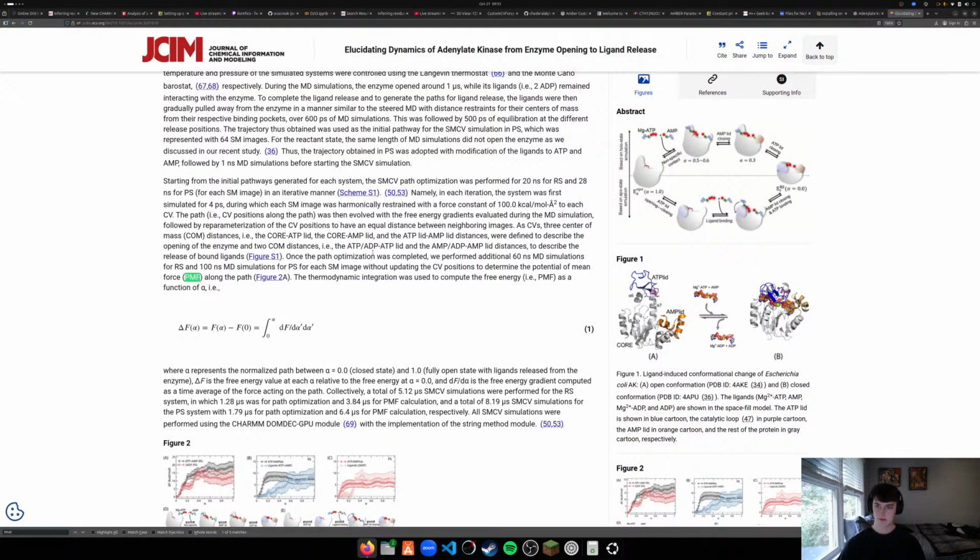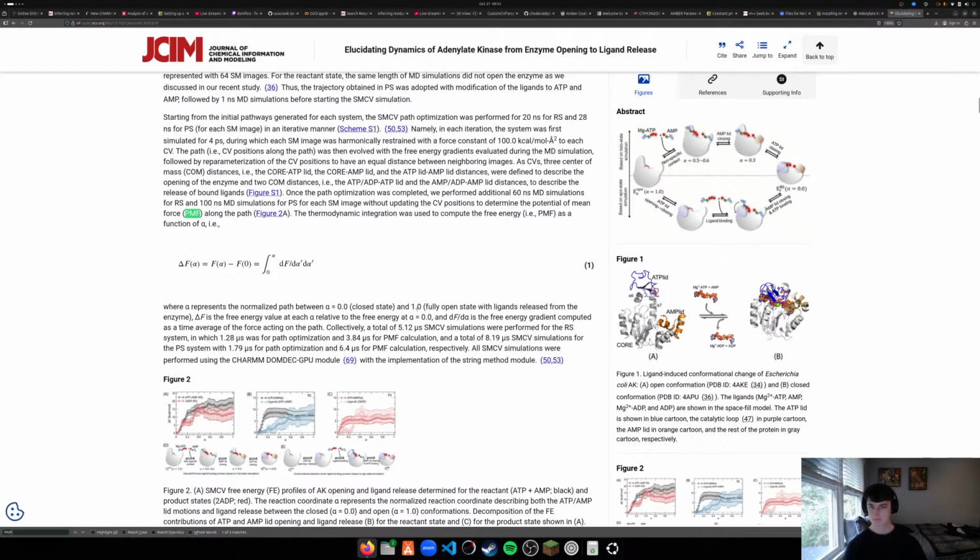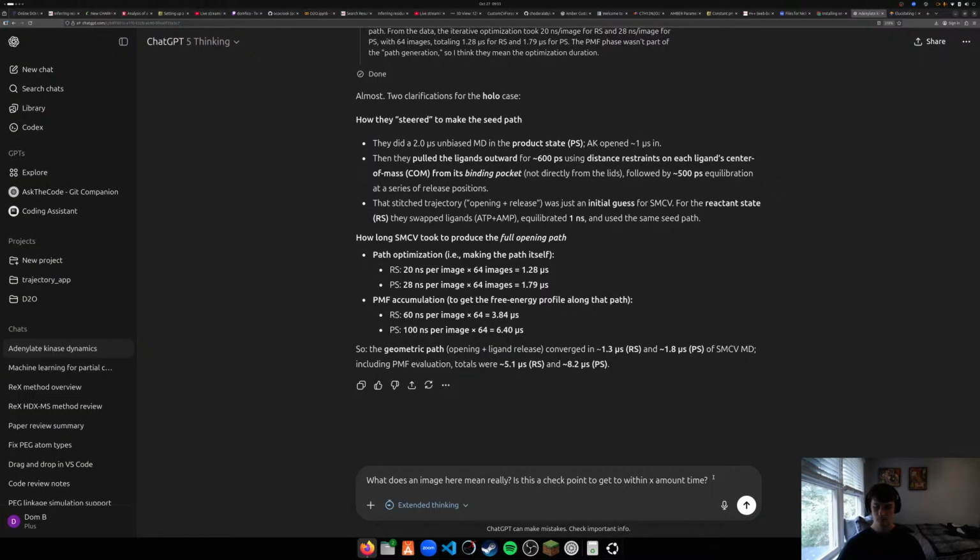Potential of mean force along the path. Free energy profile along that path. How did they optimize the PMF?